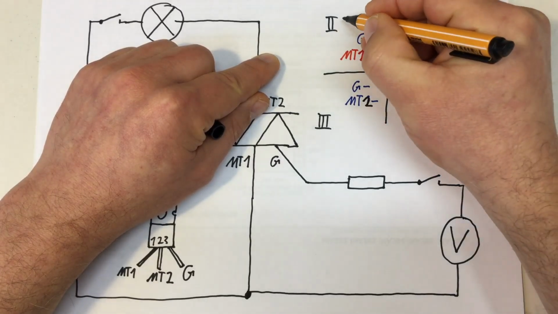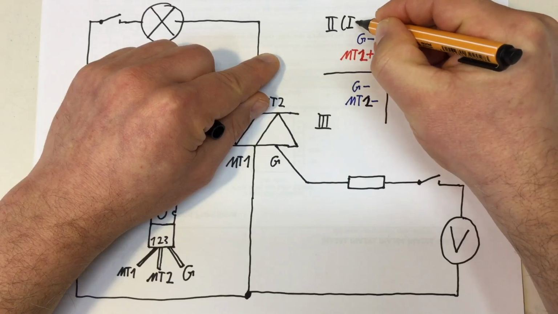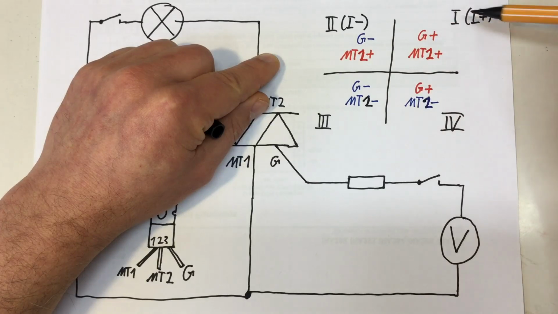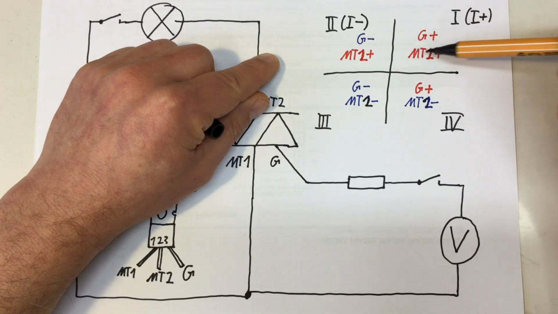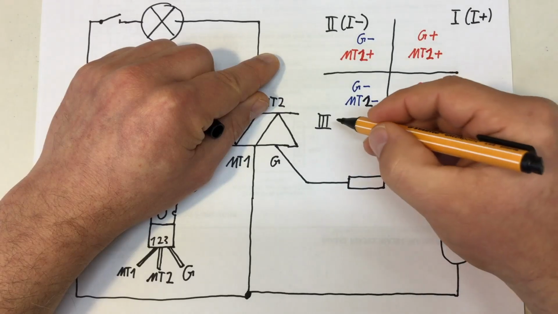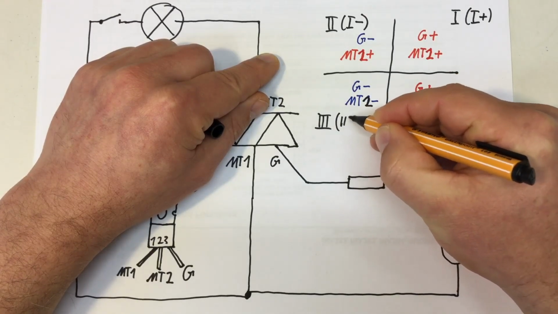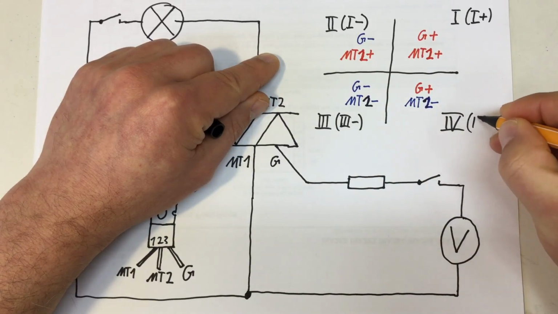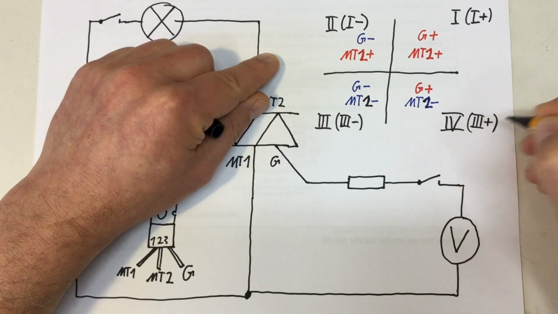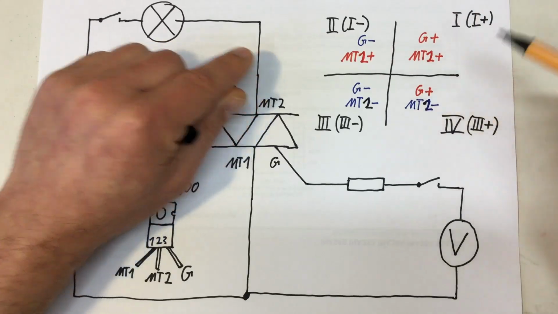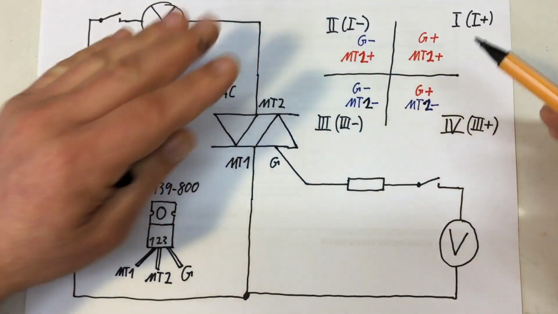Quadrant 2 is 1 minus. You have the plus and minus referring to the gate polarity, and the 1 meaning that my main terminal 2 is positive. And accordingly, they call 3 minus, and 4 3 plus. I don't like that terminology, but it pops up at some places.